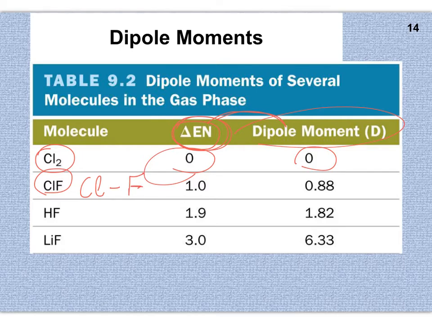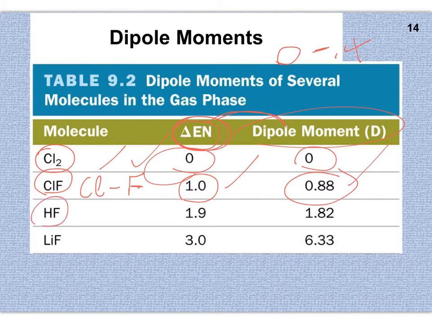The difference in electronegativity is 1. Not enough to make it ionic, and there are also 2 nonmetals. But it's still not in the range of nonpolar covalent, which, if you remember, had a difference in electronegativity between 0 and 0.4. So this is a polar covalent bond, so it does have a measurable dipole moment. I wouldn't call that very large, but it does.